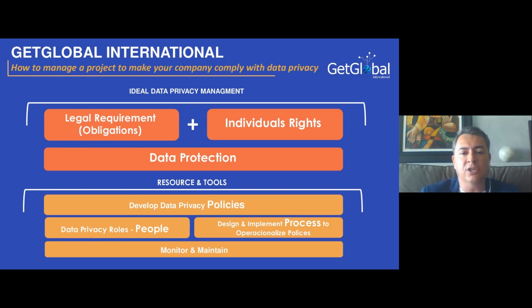The US has a totally different way of regulating personal data. The US doesn't have a comprehensive data privacy legislation. There is no national or even federal data privacy law. It's more sectorial. So you were right.